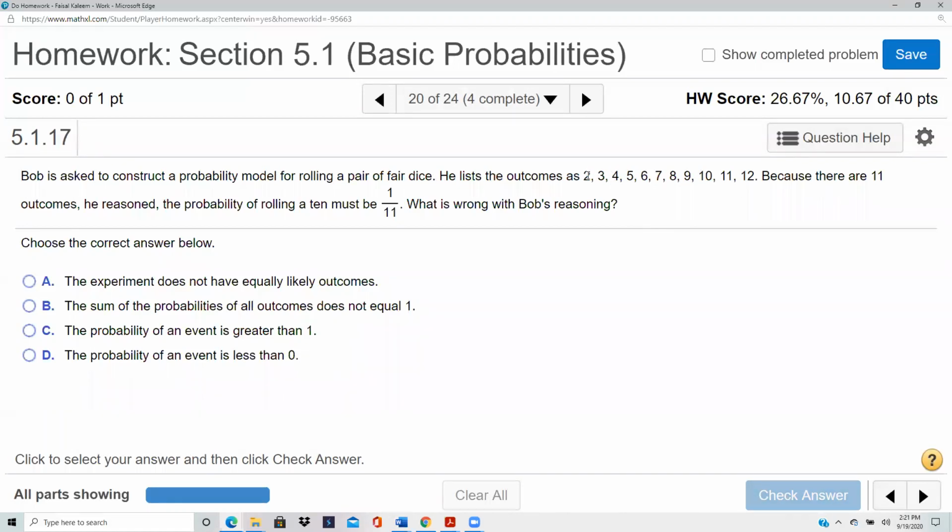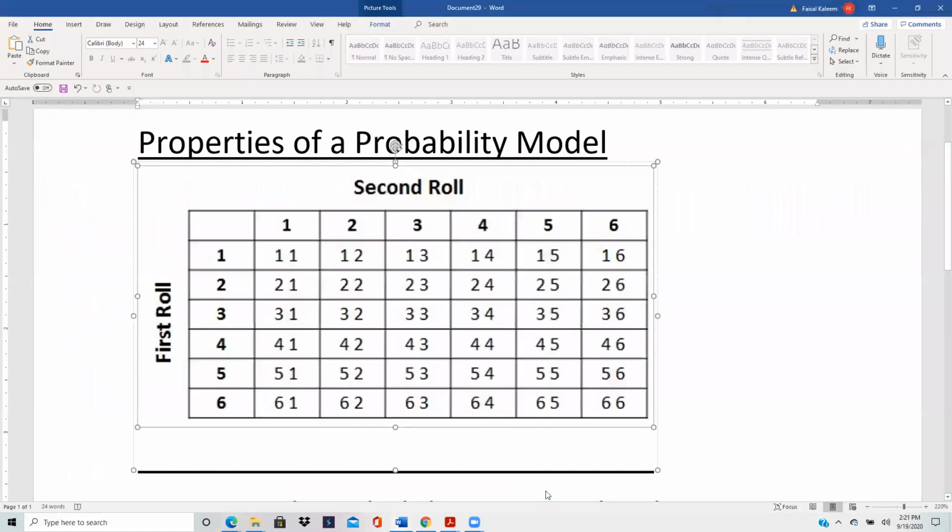And he reasoned that these are 11 possible sums, so a sum of 10 would be 1 out of 11, because that's one possibility out of 11. However, this applies only if all the possibilities are equally likely. Now, the sums are not equally likely, as we can see here.